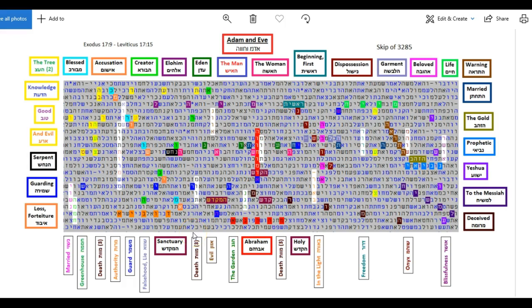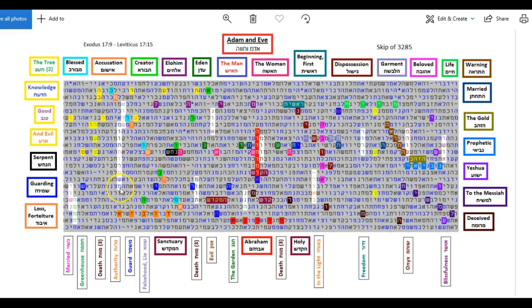Yahuwah made garments for Adam and Eve to cover the shame of their nakedness. And this mauve is garments. Now they were cast out of Eden, and Yahuwah sent cherubim to guard the entrance to the garden so that they would no longer have access to the tree of life.